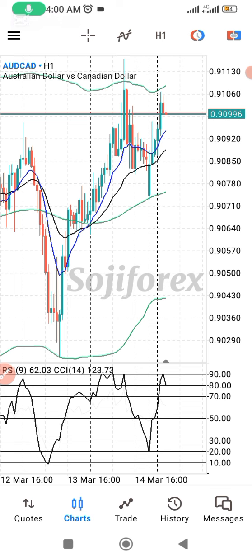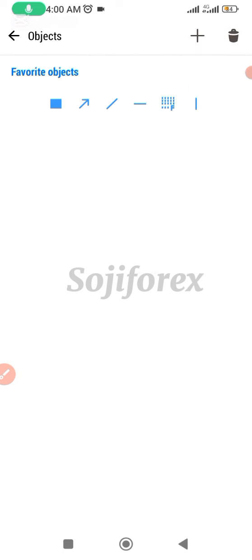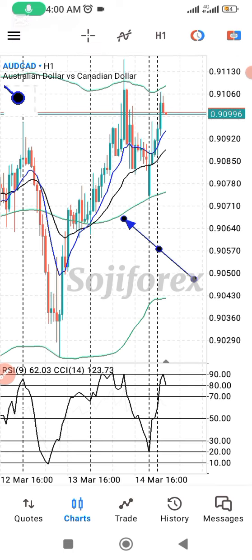So what are these zones? Where can we find a high probability trade entry? Number one, if we want to sell, we will find a high probability trade entry around the upper Bollinger Band. Number two, we will get a high probability trade if we want to buy around the lower Bollinger Band.